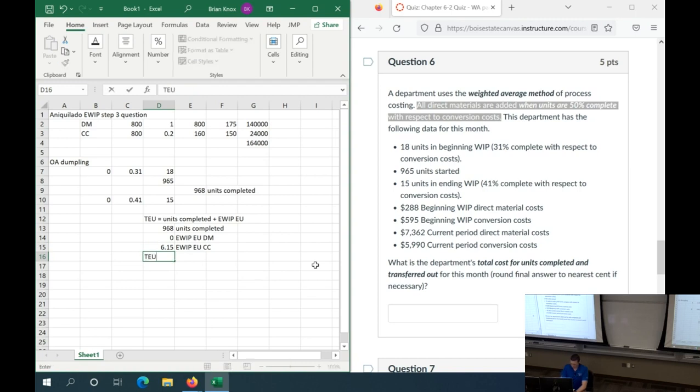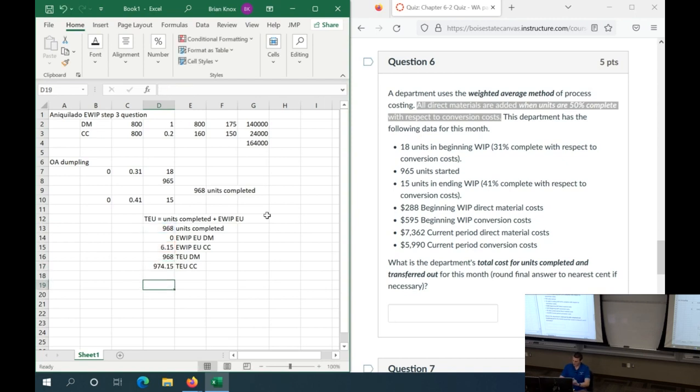And so our TEU with respect to direct materials is units completed plus ending WIP, which is 0. Our TEU with respect to conversion costs is units completed plus the ending WIP equivalent units, which is 6.15. So it equals 974.15.